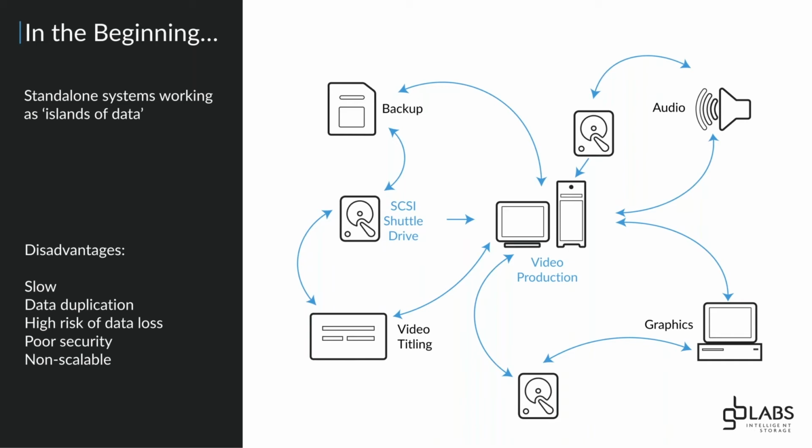Poor security and no traceability of data. Data was basically being shuffled all over the place, and things were being deleted to make space for new data coming in. This was also a very non-scalable way of doing things, and obviously the more people that got involved, the worse the problem became.